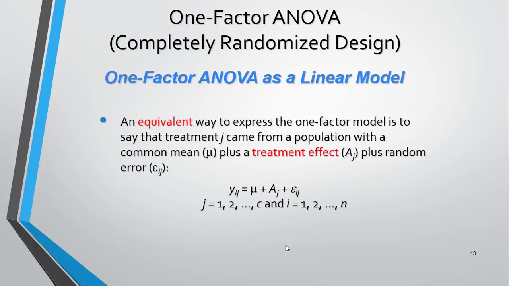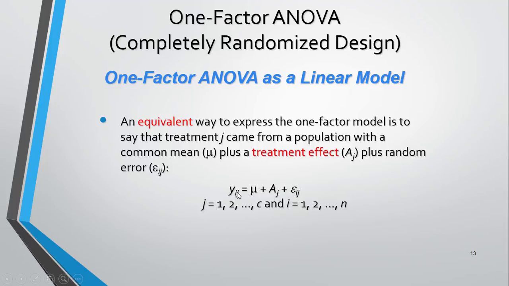One factor ANOVA is actually similar to a linear model. We'll talk about linear regression later on, but an equivalent way to express the one factor ANOVA model is to say that the treatment J came from a population with a common mean of mu plus the treatment effect A plus the random error. So the Y, the dependent variable, equals mu plus the treatment factor plus error.